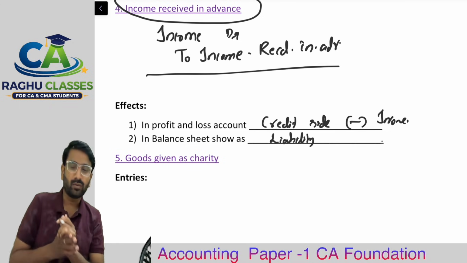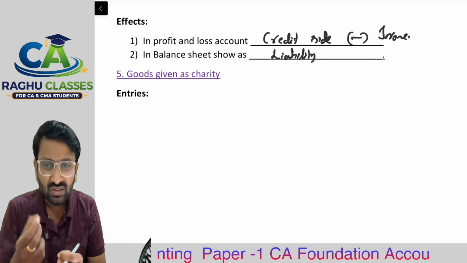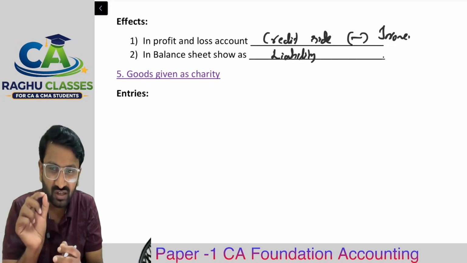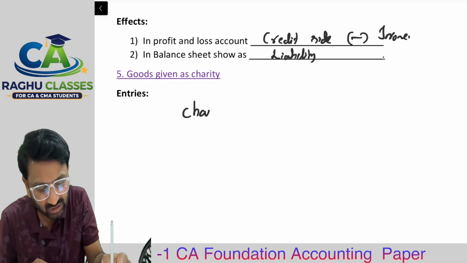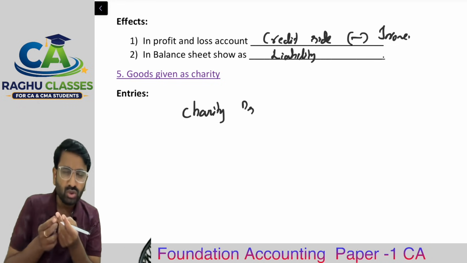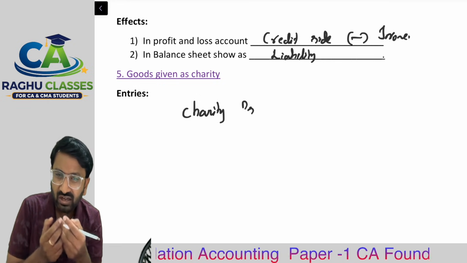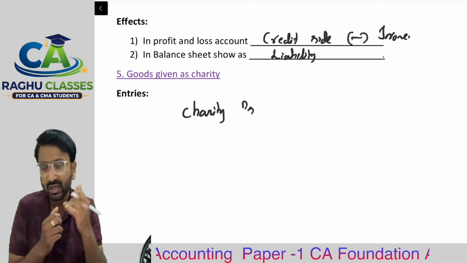Okay. Now, next adjustment, goods given as a charity. So if I'm distributing the goods as charity, can we say charity is an expense? And any expense needs to be debited. So I'll debit charity account. Next one, if you're using goods for any purpose other than sales, so this charity, free sample, etc., we need to minus from the purchases in trading account.